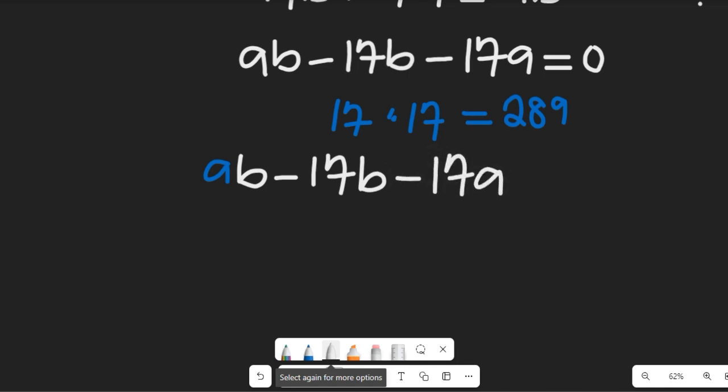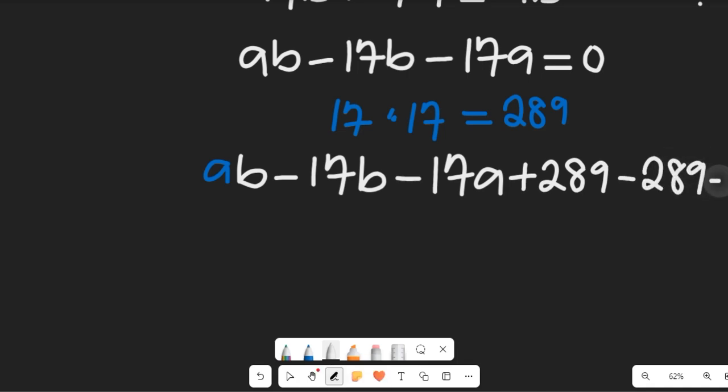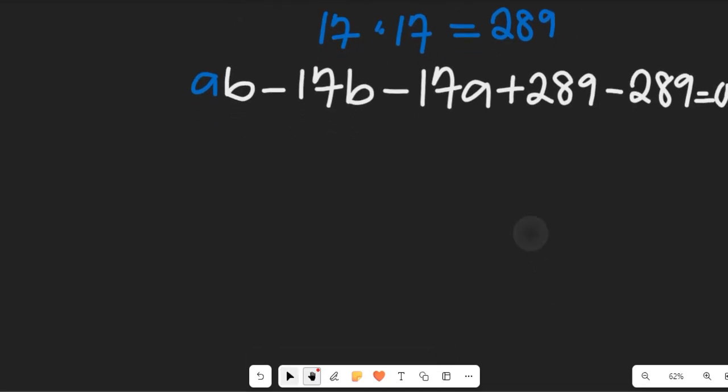And this will be plus 289 minus 289 equal to 0. I haven't changed anything. It's like putting something and subtracting that same thing from one expression. This is to make this expression easy for me to simplify.